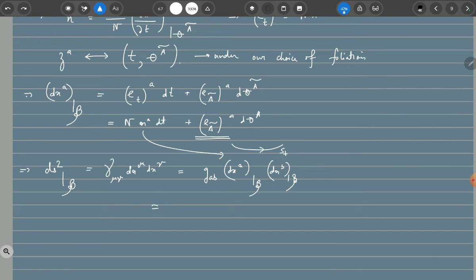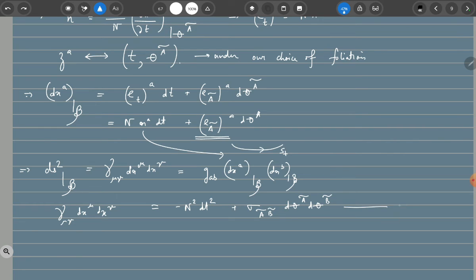If you expand it, it will be very easy to show that it is equals to minus of n square dt square plus of sigma a tilde b tilde d theta a d theta b.